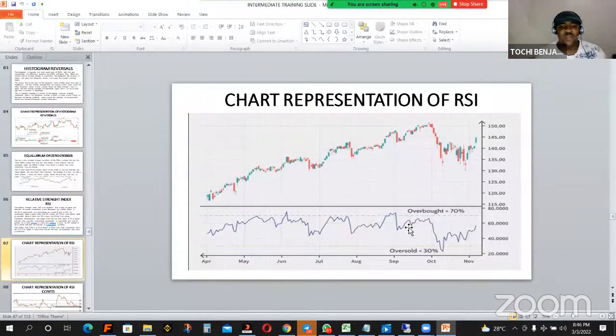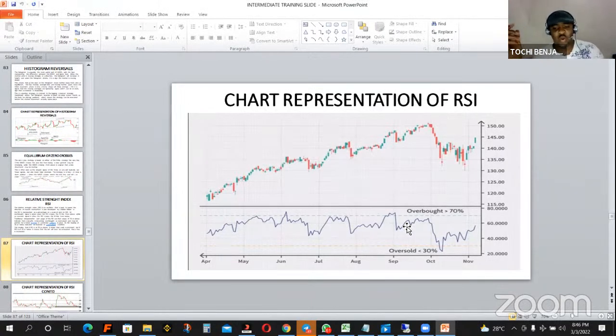When we did the moving average, it was placed on the body of the price. But this one is not placed on the body of the price. It has its own window. And it is called an oscillator because it's always going up and down, up and down. That is why it is called an oscillator. So we said J. Welles Wilder said this chart is divided into 0 to 100.